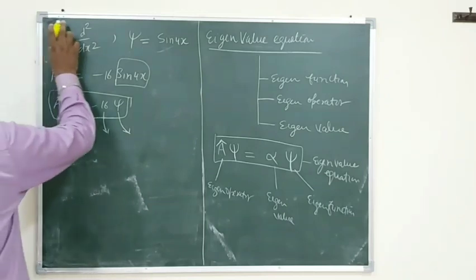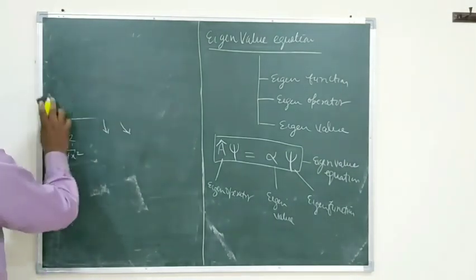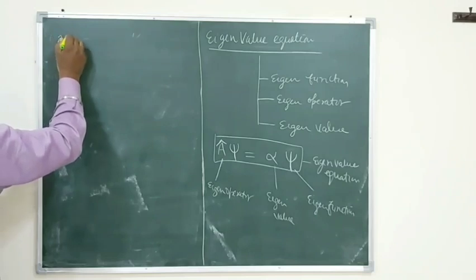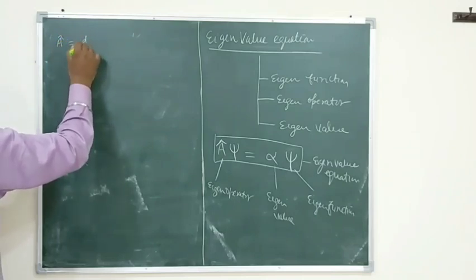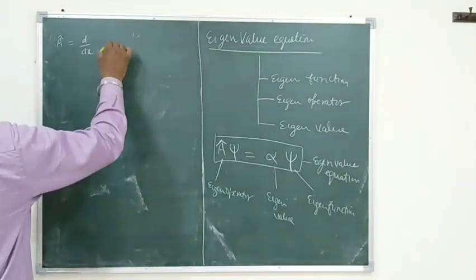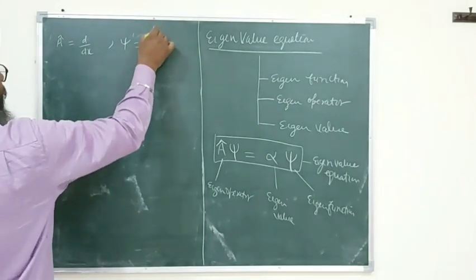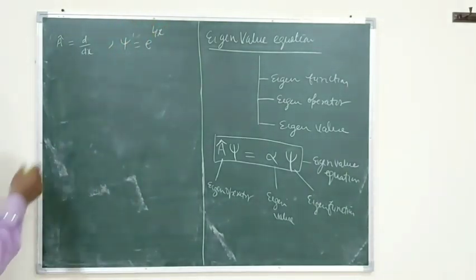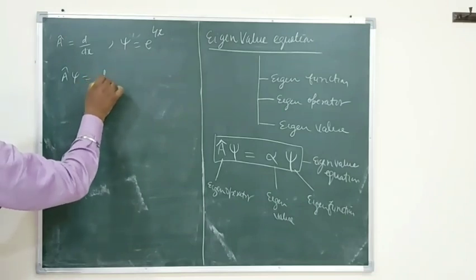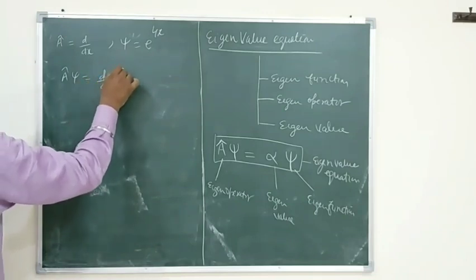Let us now take another example. Suppose I have A cap equal to d by dx. This is the first order derivative of something with respect to x. Let me take psi as e raised to power 4x. Now this is the wave function. If I write A cap of psi, it will be d by dx of e raised to power 4x.